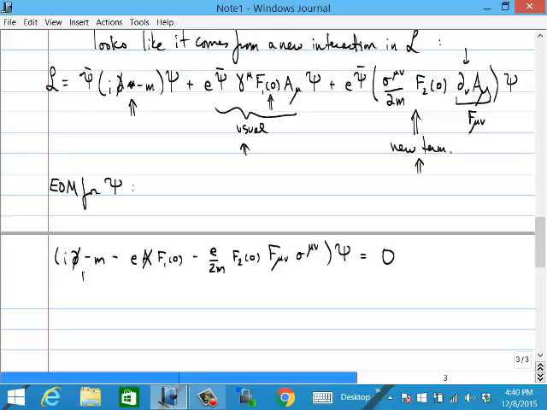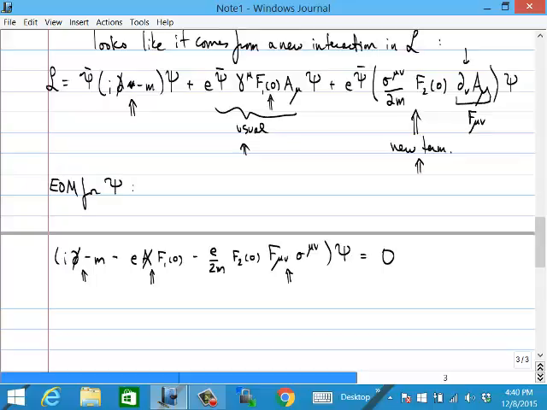So this is the usual Dirac equation. This is the correction due to the presence of the coupling between the Dirac spinor and the electromagnetic field. And this is some new term that will arise once we consider quantum corrections. Good. Questions?